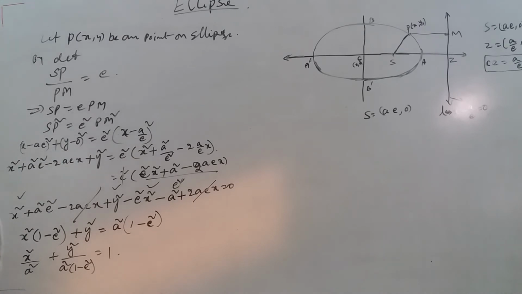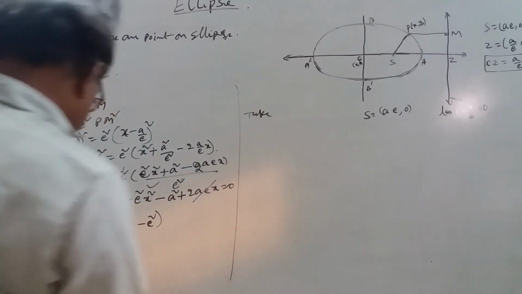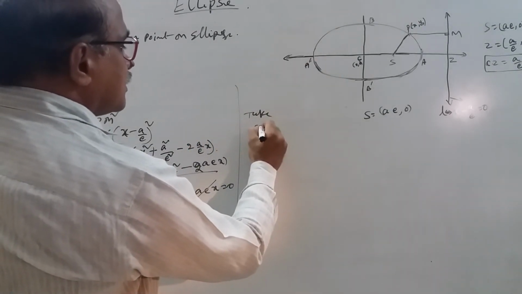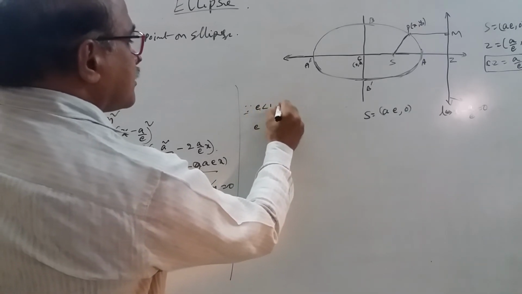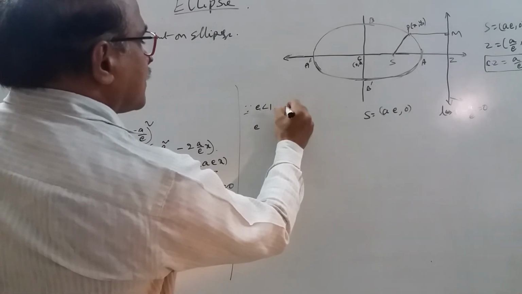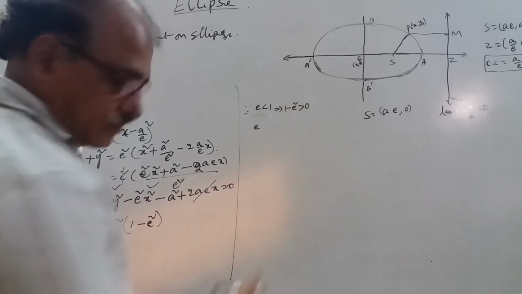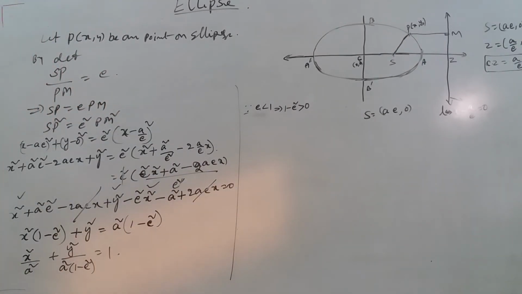For our convenience, we take e less than 1. Since e is less than 1, that implies 1 minus e square is greater than 0.